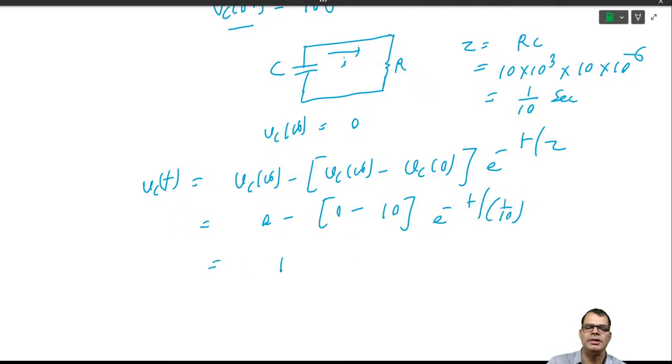So you get 10 e raised to the power minus 10t volt.